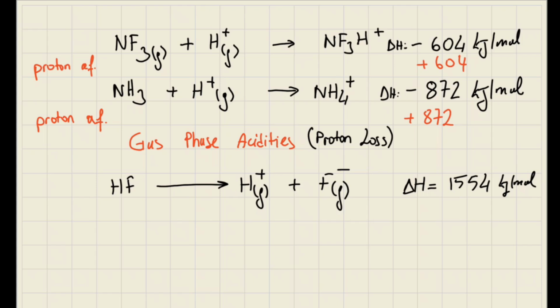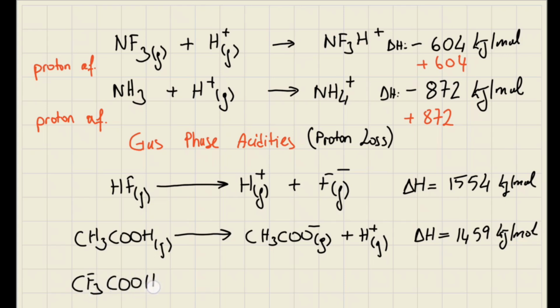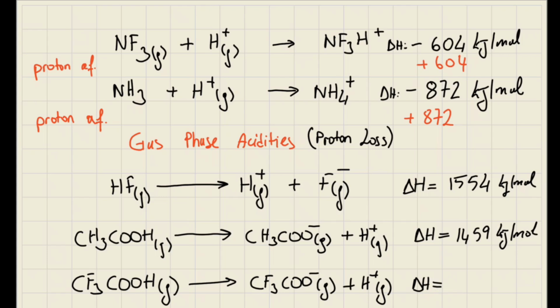And if we look at acetic acid, delta H is equal to, and if we look at CF3COOH, so definitely we can say that this is the strongest acid, and this is the weak acid.